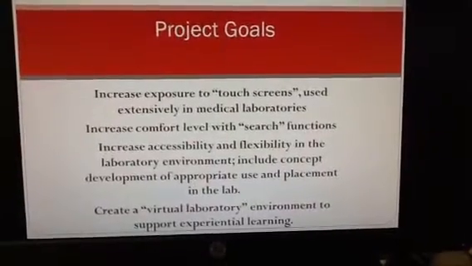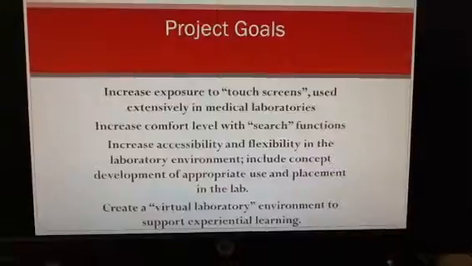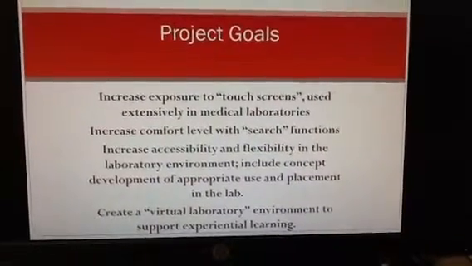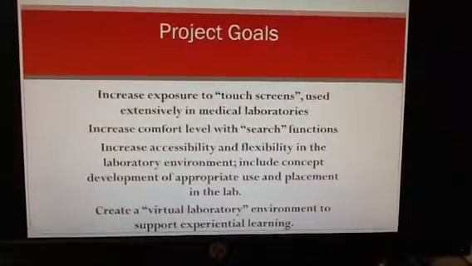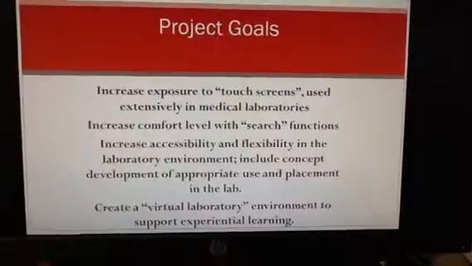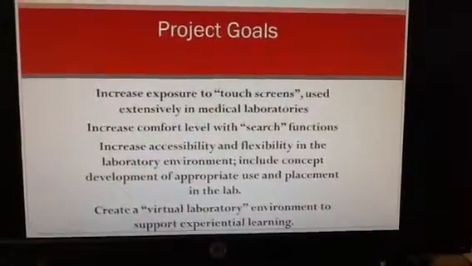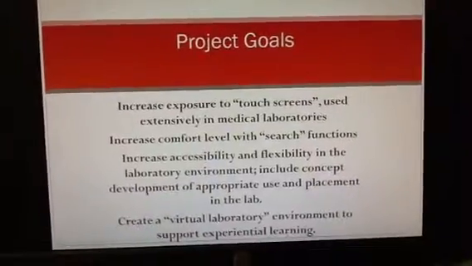So that was a goal that we put in place for this initial project. And this was really the initial phase of us looking at virtual laboratory experiences, so that we could search out some apps that were going to help us really expose the students to the laboratory environment.